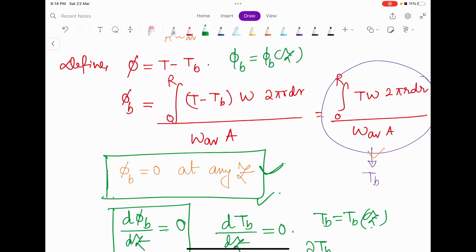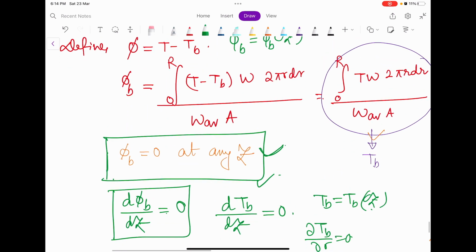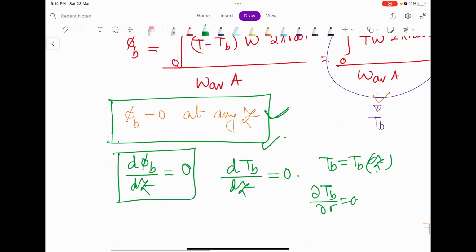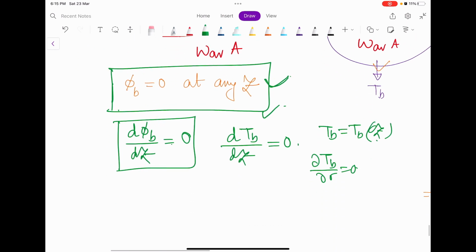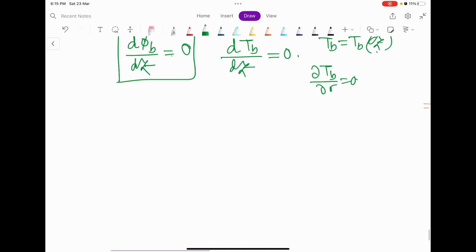That means if I say that this phi b is 0, phi b is not changing with z, and phi b is also not a function of r. So now I will talk about a very important conclusion.